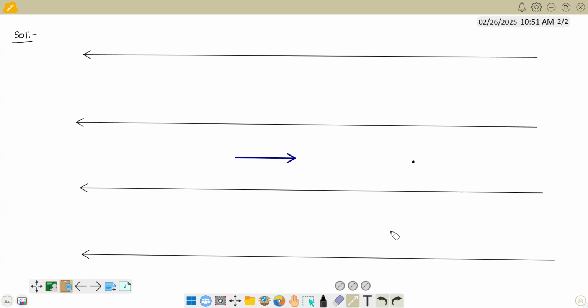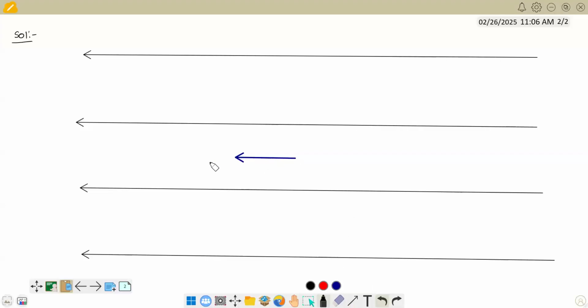Now, for the same scenario, what happens if you rotate it by 180 degree? Now, let us say I rotated the magnet by 180 degree. Now, my magnetic field lines are aligned with the Earth's magnetic field.